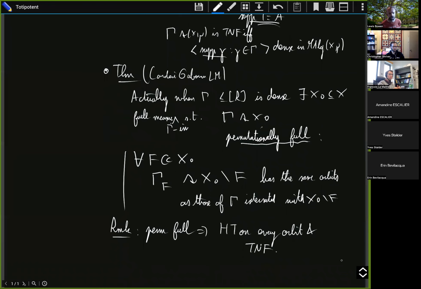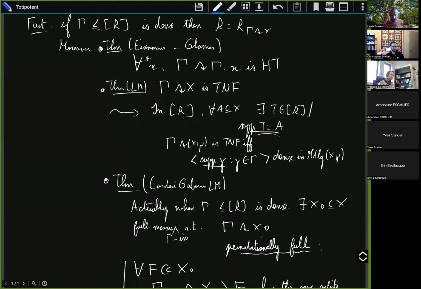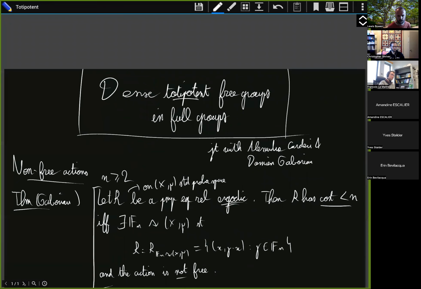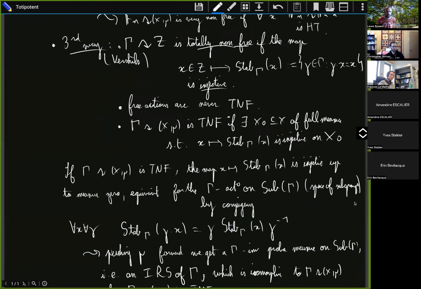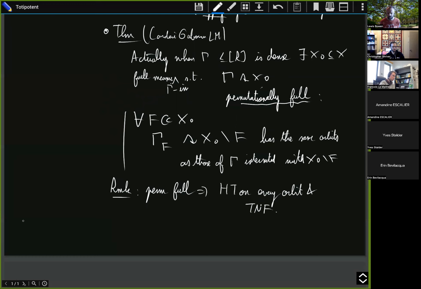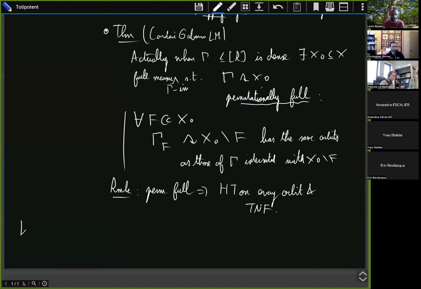Okay, so now there is still one word that I haven't defined, which was in the title, which is this totipotent thing. There are many ways of understanding it, and here I will try to be quick.